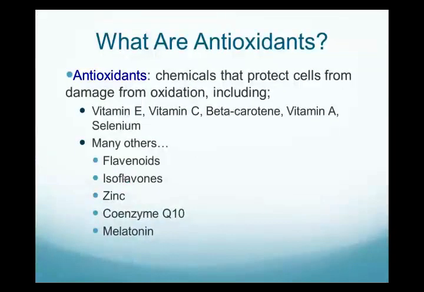So let's get an understanding of what antioxidants are, what they do. Antioxidants are chemicals that protect cells from damage, usually oxidative damage, so that's why they're called antioxidants. Again, we mentioned that group of nutrients at the top bullet there, but in that second bullet, there's flavonoids, there's isoflavones, zinc is an antioxidant, coenzyme Q10 has become quite popular the last maybe decade now.